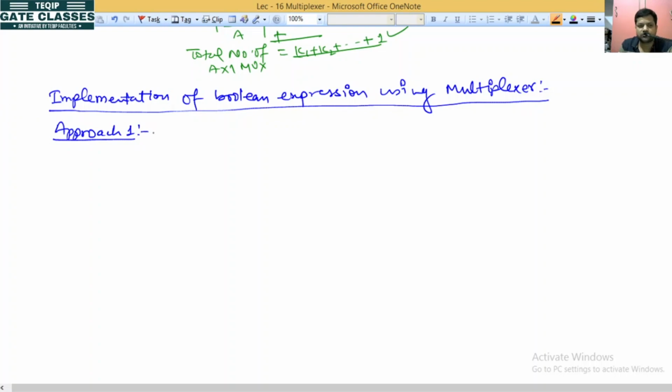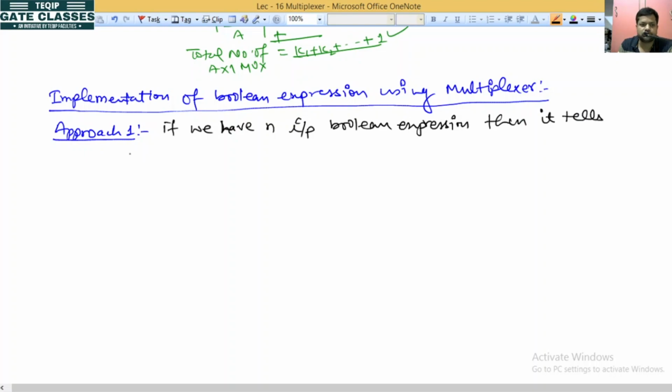In approach 1, if we have an input Boolean expression, then it tells about the number of selection lines in the mux.